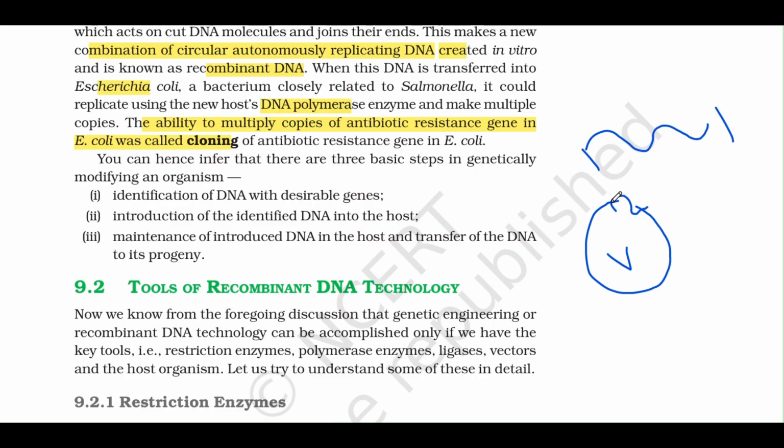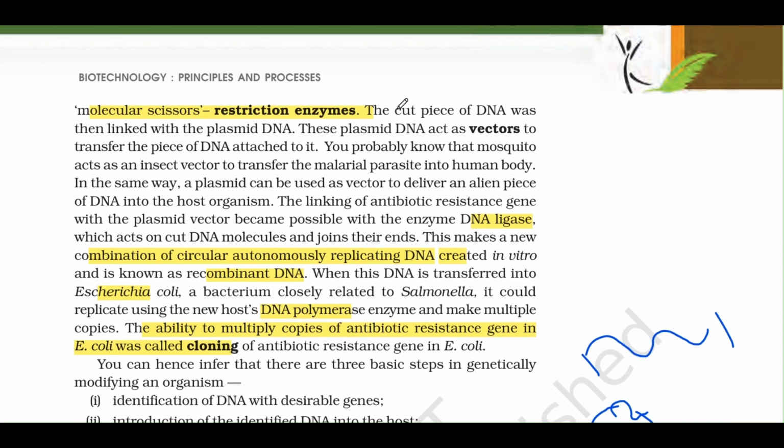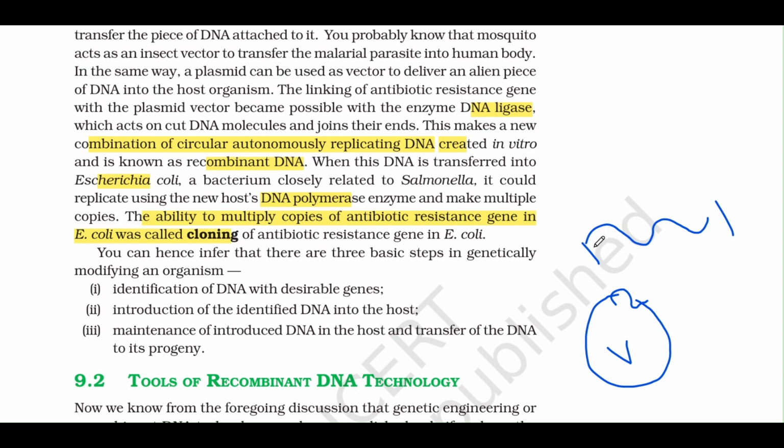The restriction enzyme is known as molecular scissors, and the DNA is joined using DNA ligases. So we get a combination of circular autonomously replicating DNA, known as recombinant DNA.